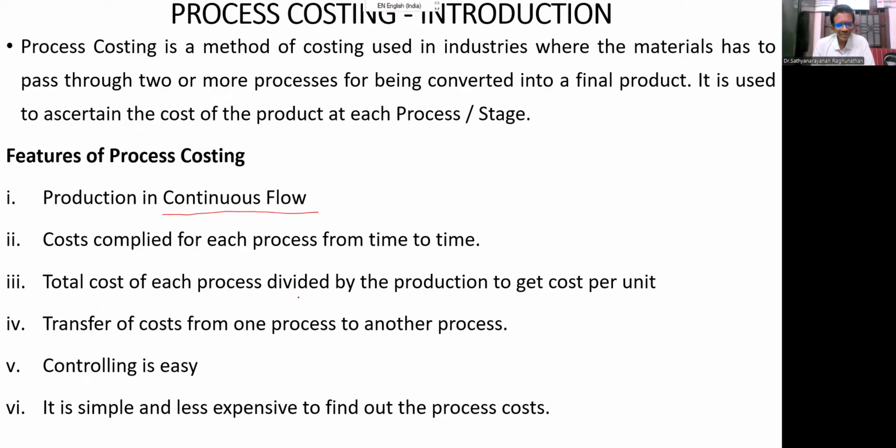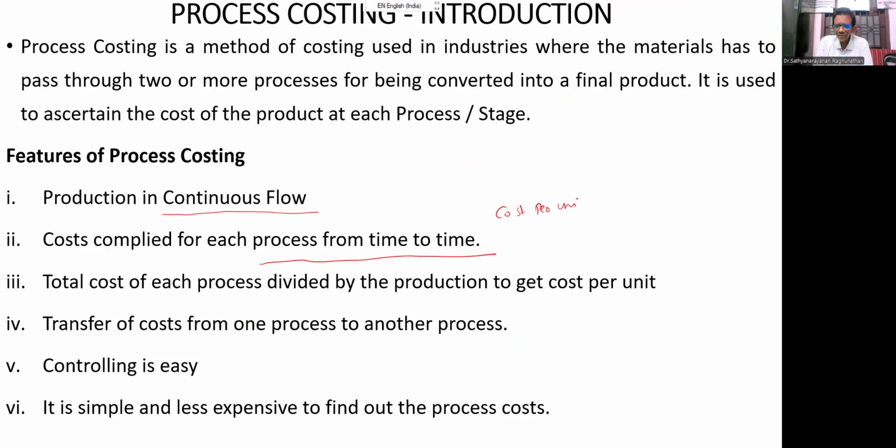Cost is compiled for each process from time to time, and then the total cost of each process is divided by production to get the cost per unit. So how will you calculate the cost per unit?